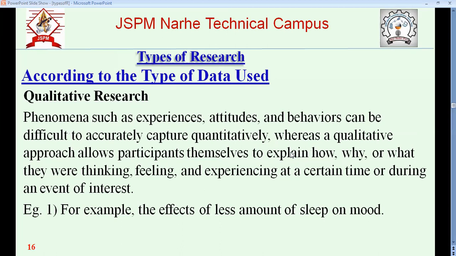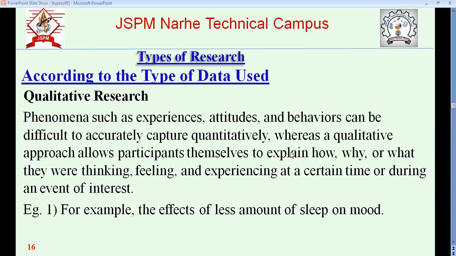Now we'll see the example. Already I explained. Now, we have to see the effect on the mood. If the student is having a less amount of sound sleep, how its behavior changes, whether he becomes aggressive, his attention changes, like this.